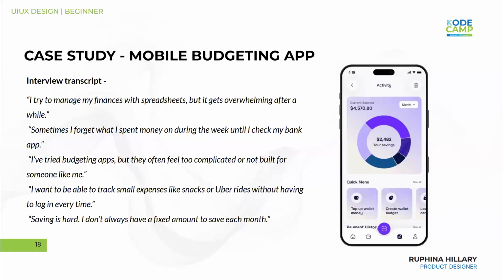Then secondly, they want to be able to use the app without having to check their bank account to know where money has gone into and out of the account. Basically it's tracking expenses and budgeting. And also they want to save. Yes. They want to track expenses. They are currently using spreadsheets. So these are things that they are doing currently.